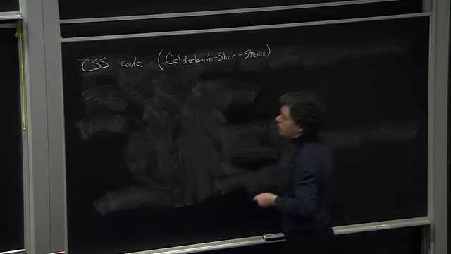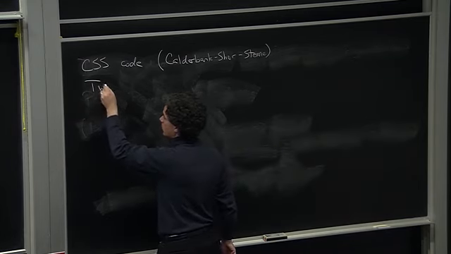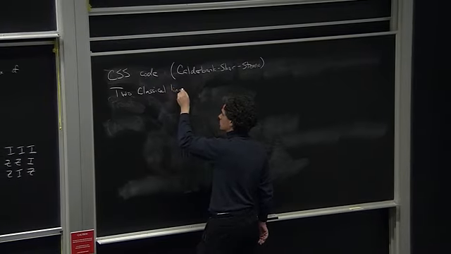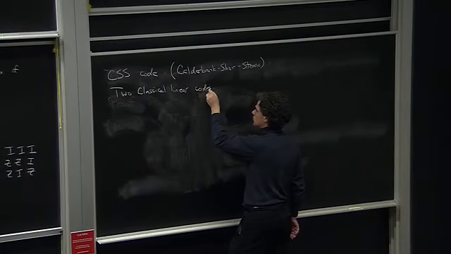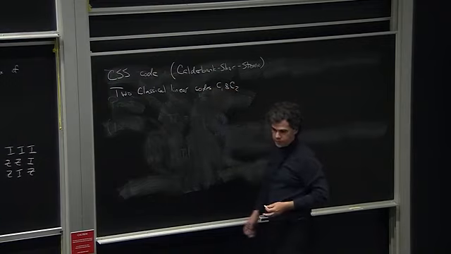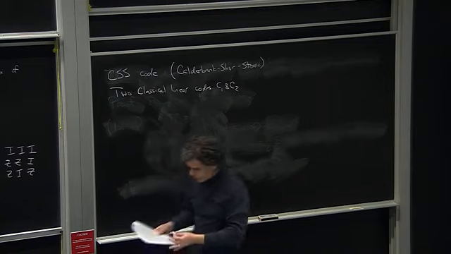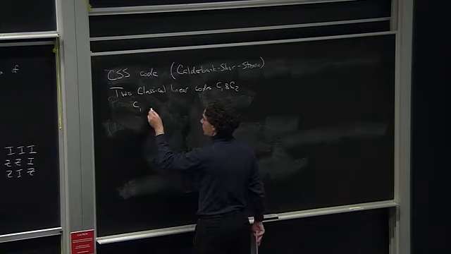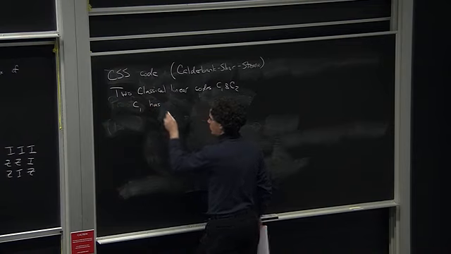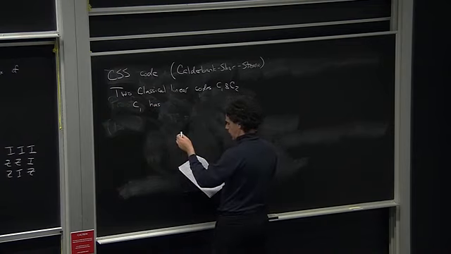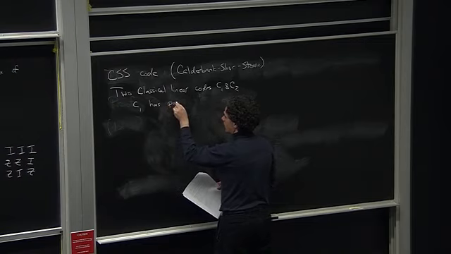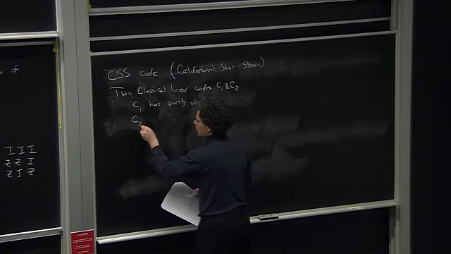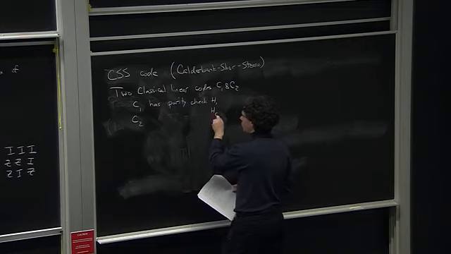What we do is we take two classical linear codes, C1 and C2. C1 has parity check matrix H1, and C2 has parity check matrix H2.